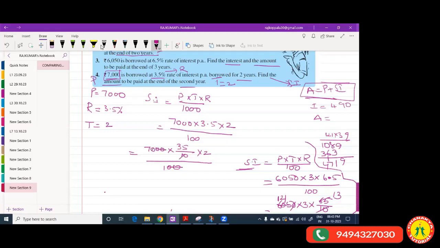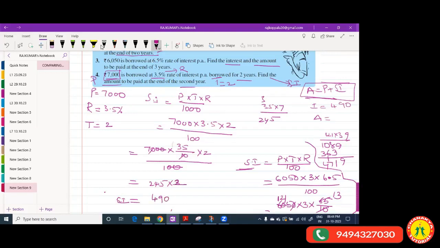Here 1 cut. So 7 into 35. How much? 35 into 7. 7 5s are 35, 21, 24. 245 into 2. How much? 490. Right. This is simple interest.